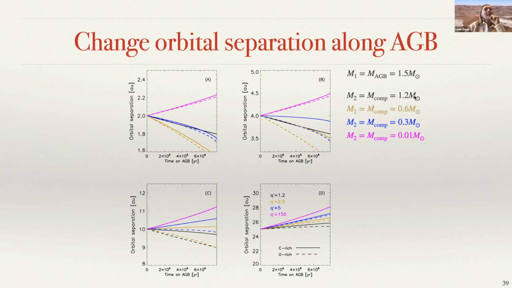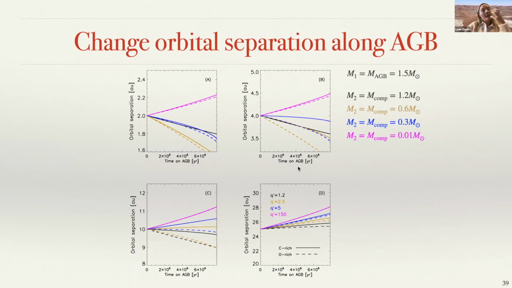And then you can see the outcome in black, gold, blue, and pink for different masses of the companion. You see, for instance, that Jupiter mass companions always have the tendency to have a wider separation when time increases. While for more massive companions, they tend to spiral in.